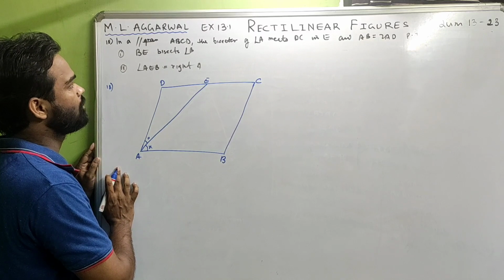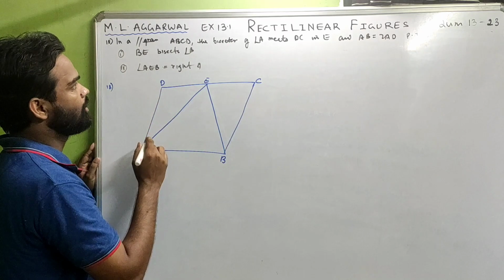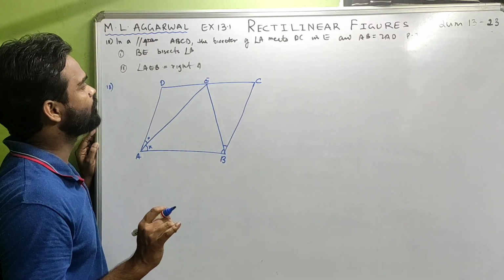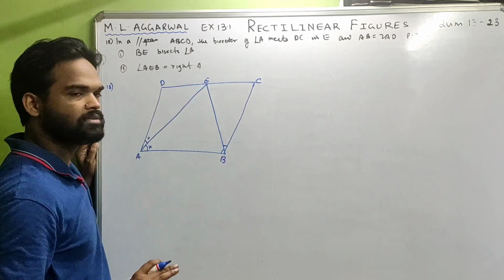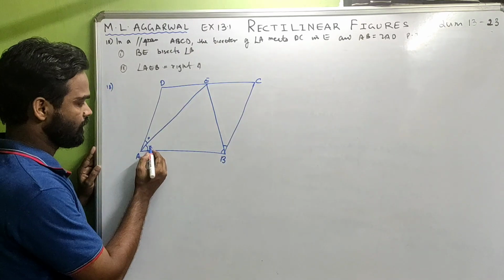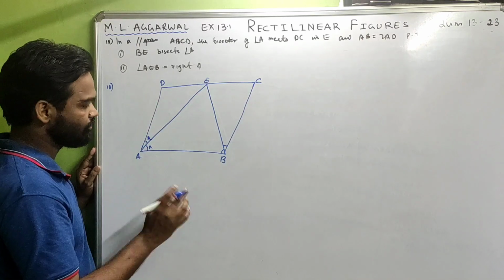Prove that BE bisects angle B, which means this angle and this angle are equal. And angle AEB is a right angle, so this angle is 90 degrees. We need to prove both. Very easy. Just look. These two are X because A is a bisector.